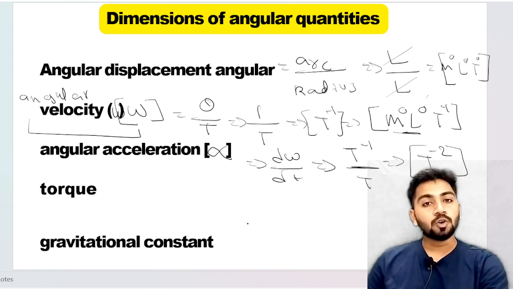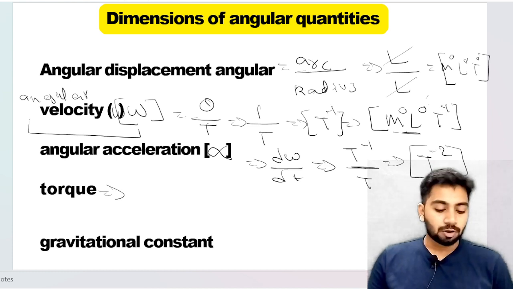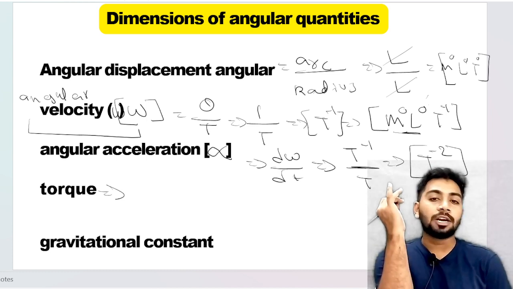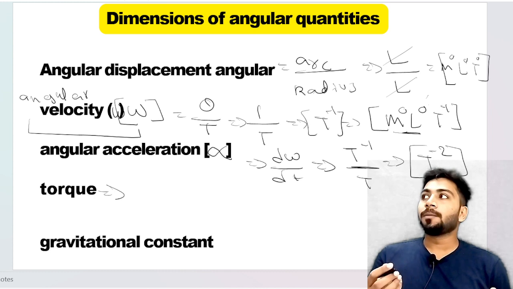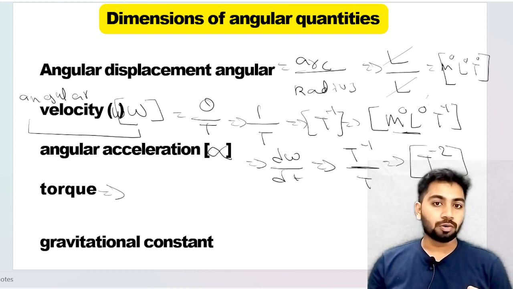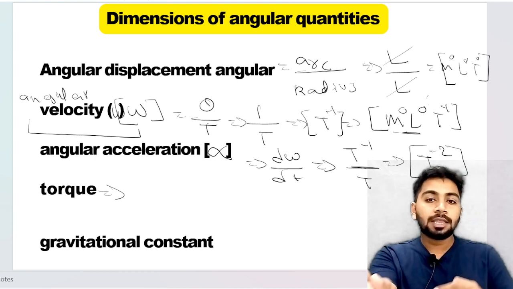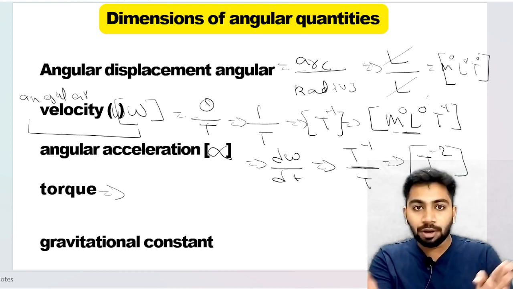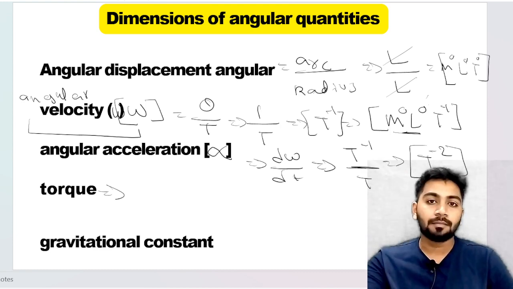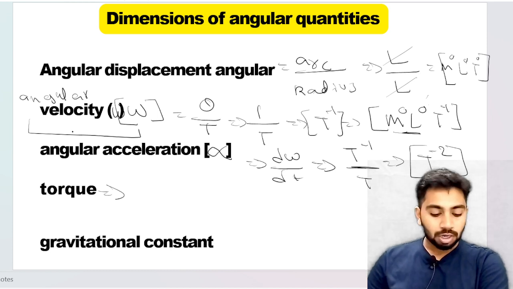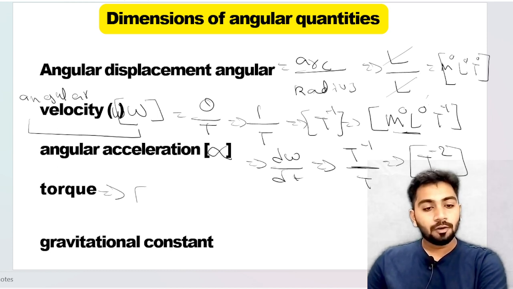Okay now, super. Now let us see torque. Torque is equal to what? Your torque is equal to force into perpendicular distance. It's like opening a door. Whenever you open a door, you apply some force. It will move from one point to another point, but the perpendicular distance is what counts. Super, right? So torque is equal to force into perpendicular distance.